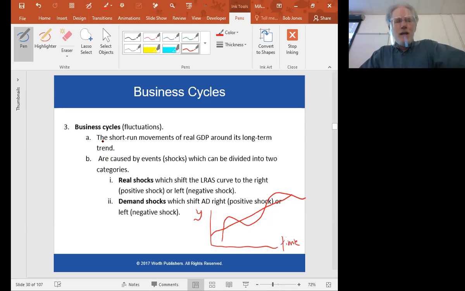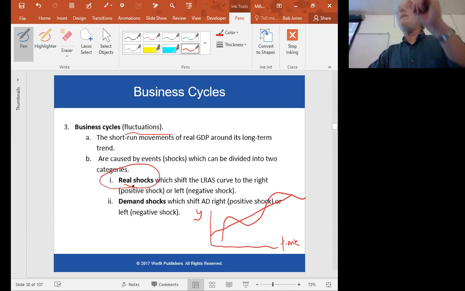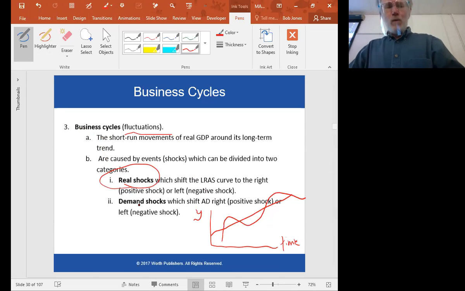We can now say that you can think of these fluctuations as being the result of one of two things. Using our model, when we have a recession, it's going to be the result of something we've called real shocks or demand shocks. Okay?